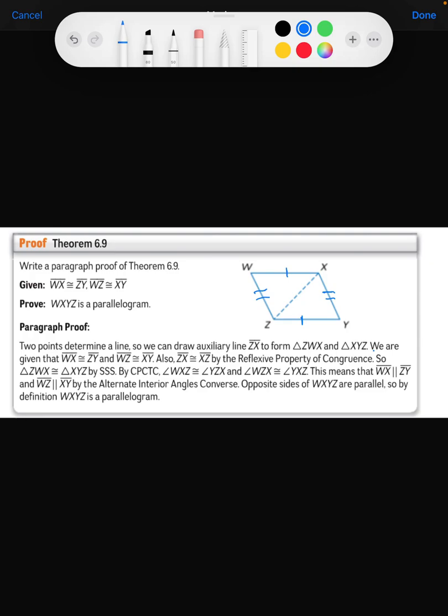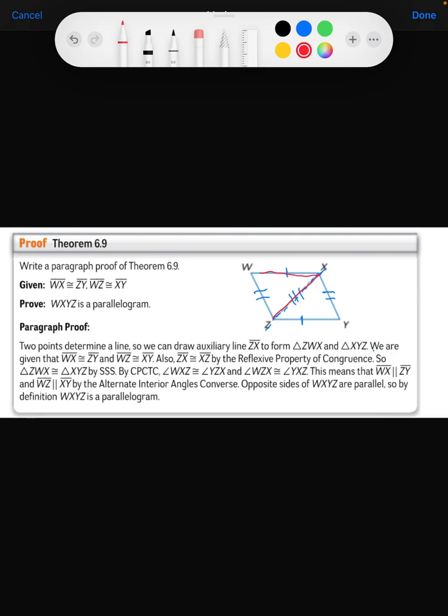What we can do is draw an auxiliary line, so just a line we draw to prove a point. If we draw this line from Z to X, we know by our reflexive property that ZX is going to be the same.